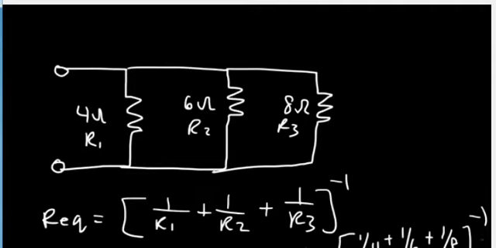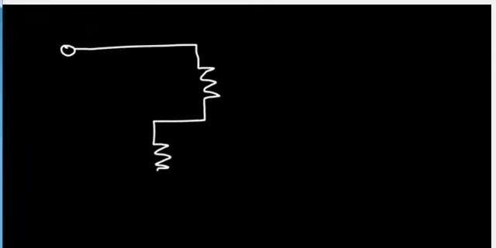Therefore, R equivalent, you can solve this simply in your calculator. How much is this? 1.846 ohms. Very simple. This is the total resistance of these parallel branches. Let us see one more type.